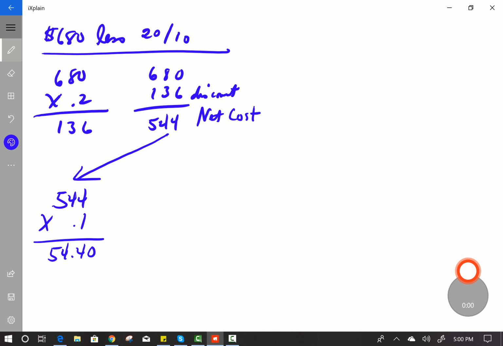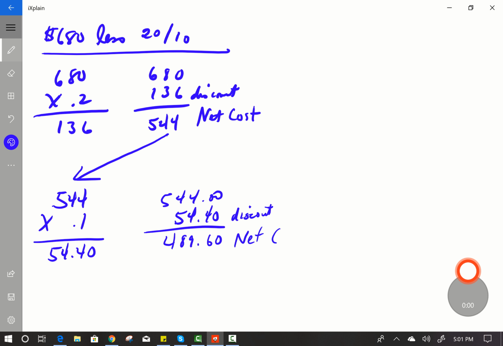Then we're going to subtract the $54.40, the discount amount, from 544, and that will give us $489.60. And that will be the net cost of this particular item that was originally for sale for $680. So the net cost itself is $489.60.